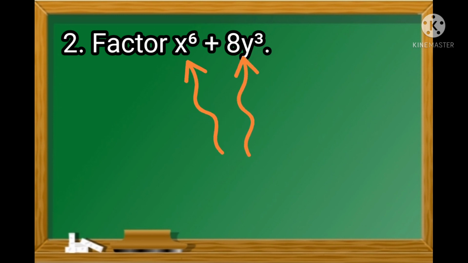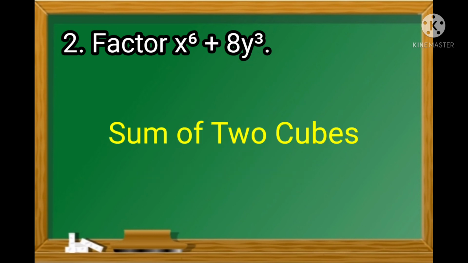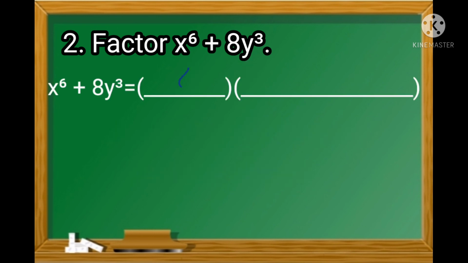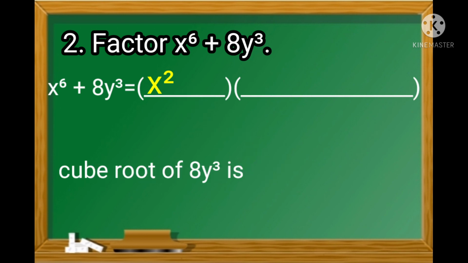Second example, factor x to the 6th power plus 8y cubed. Since the first and last term are perfect cubes, we will use sum of two cubes. First, we will find our binomial factor before looking for our trinomial factor. Get the cube root of x to the 6th power, and the answer is x squared. The cube root of 8y cubed is 2y.